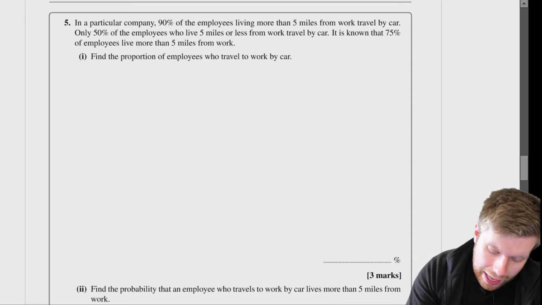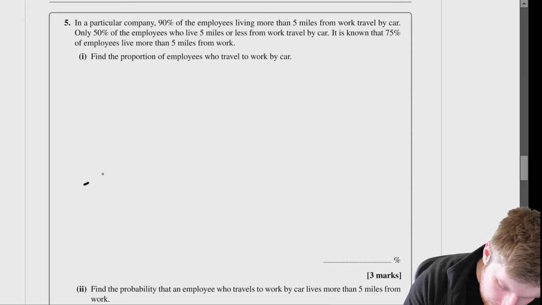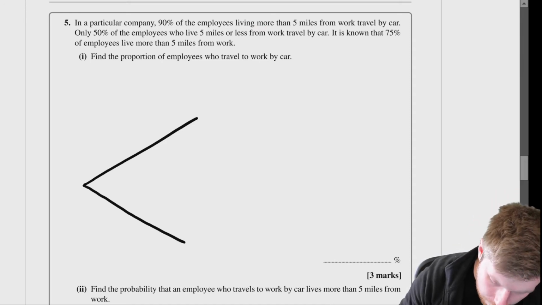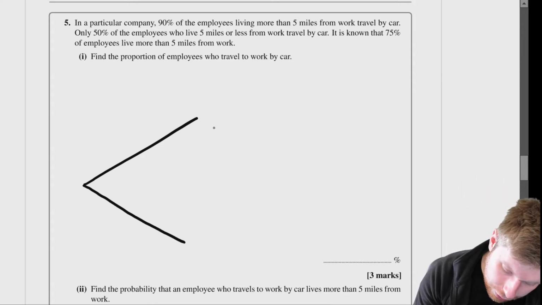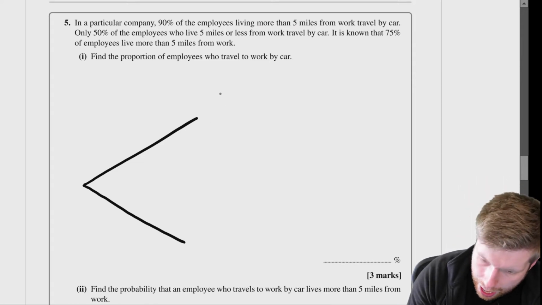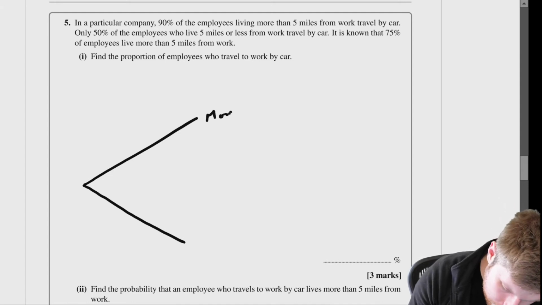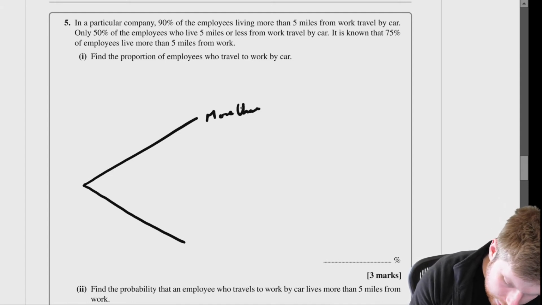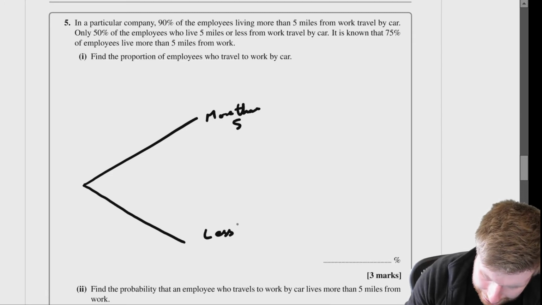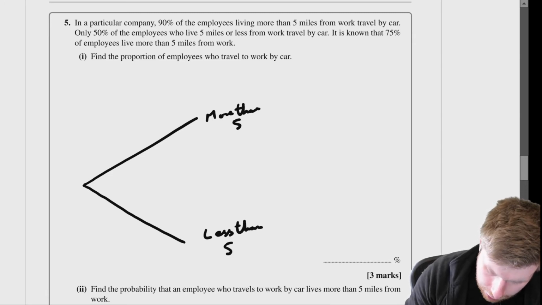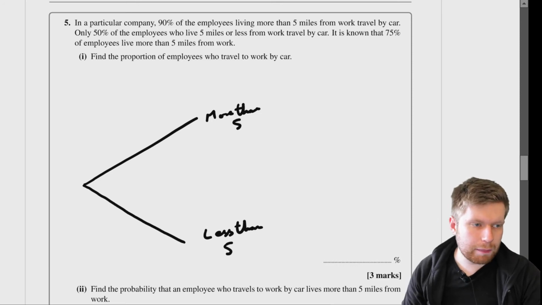Okay, so therefore, that's the order it's got to come in. So it's got to be either living more than 5 miles from work or not. So let's say living more than 5 miles from work is going to be more than 5, okay? And this is going to be less than 5. Now I know it's less than or equal to, but I'm just going to call it less than just for the sake of space, okay?